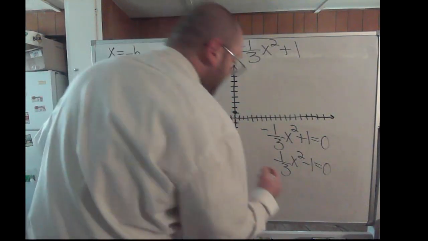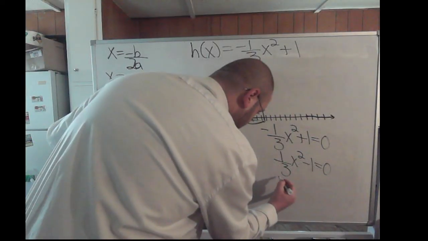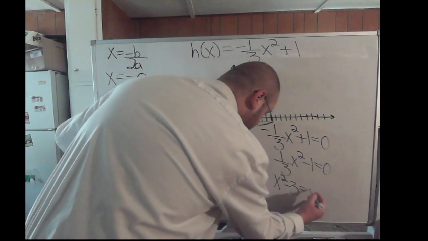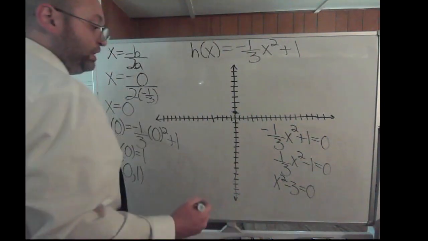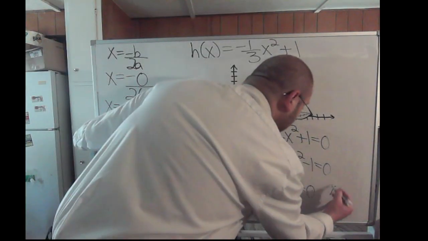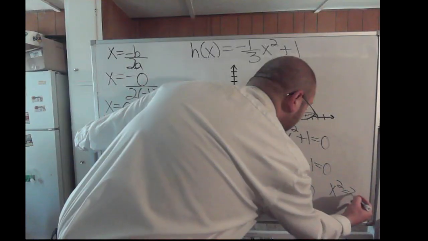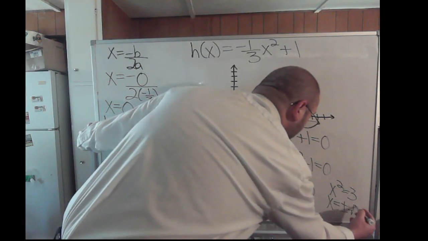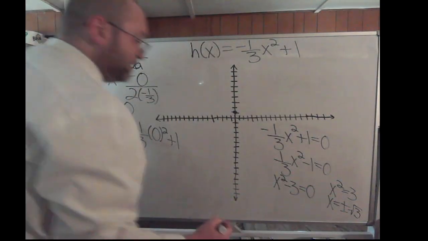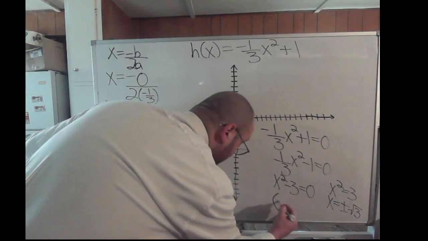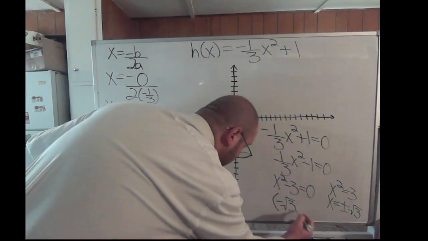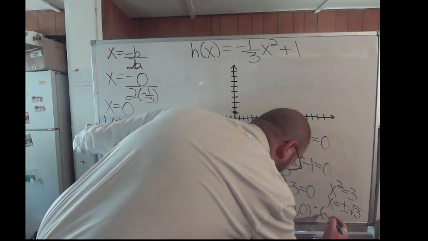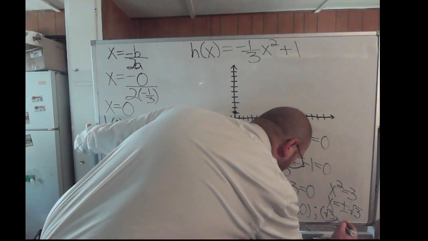Multiply both sides by 3, and you get x squared minus 3 equals 0. You'd end up getting x squared equals 3, x equals plus or minus the square root of 3. So therefore your x-intercepts are going to be negative square root of 3, 0, and positive square root of 3, 0.